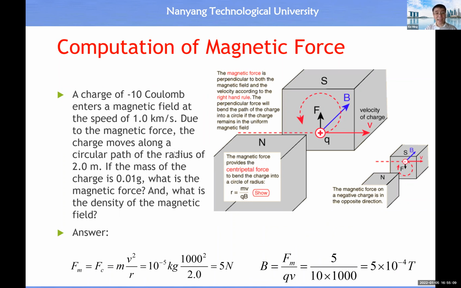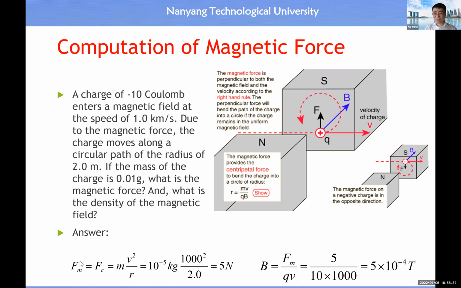Due to the radial magnetic force, the magnetic force will produce radial acceleration. Then the charge will follow a circular path, and the radius of this circular path is 2 meters. The mass of the charge is 0.01 gram. Then what is the magnetic force, and what is the density of the magnetic field?